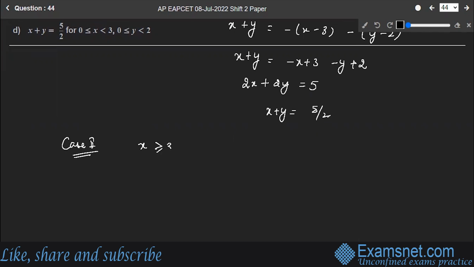Second case, when X is greater than equal to 3 and Y is greater than equal to 2. So X plus Y is equal to X minus 3 plus Y minus 2.